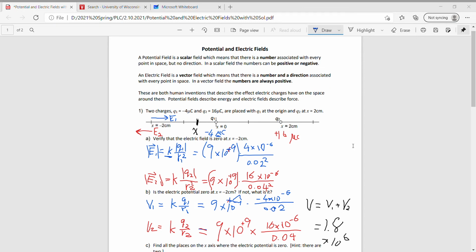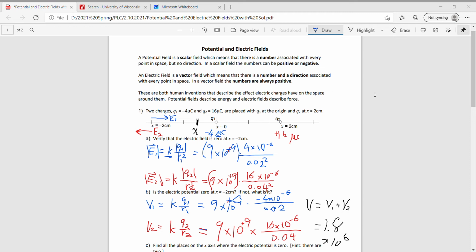Okay, let me try to write it out. E1 is 9 times 10 to the 9 times 4 times 10 to the negative 6 over 0.02 squared.